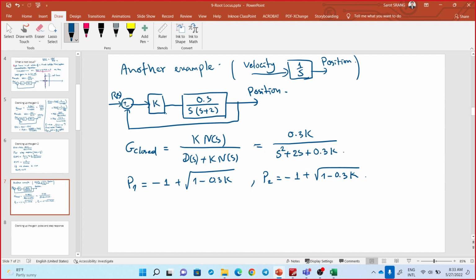From here we can see that if the value k is too high, then this part becomes a complex number, and poles 1 and 2 become complex conjugate.